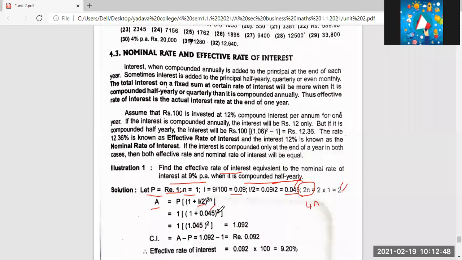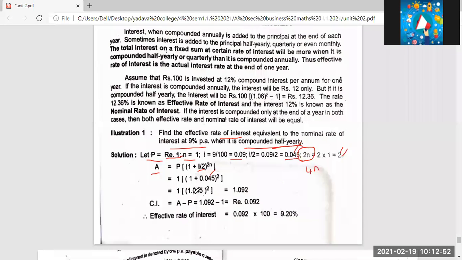So we are doing it whole power of 2. So when we add everything and take the whole power 2, 1.045 into 1.045, you will be getting 1.092. When we multiply it by 1, the same answer we can get, 1.092.